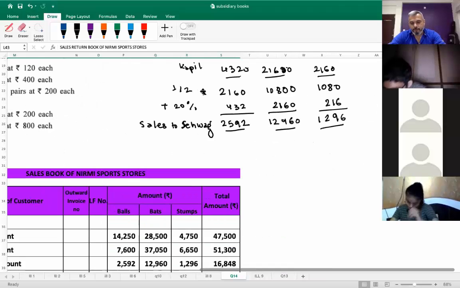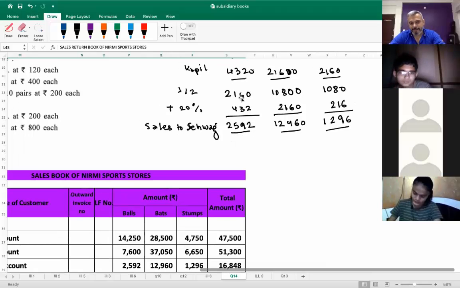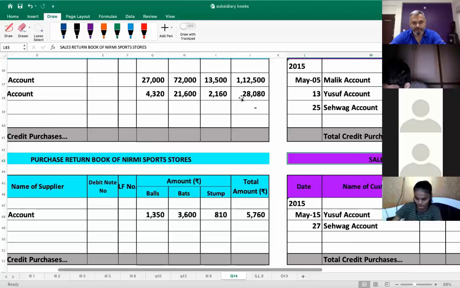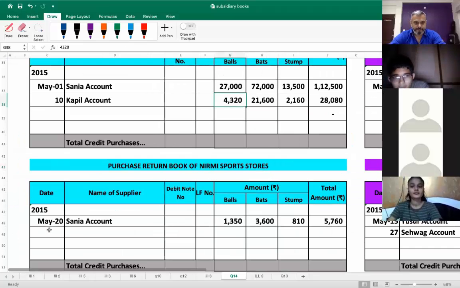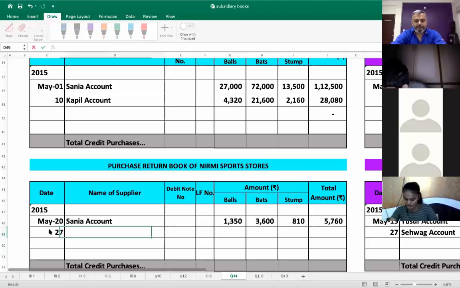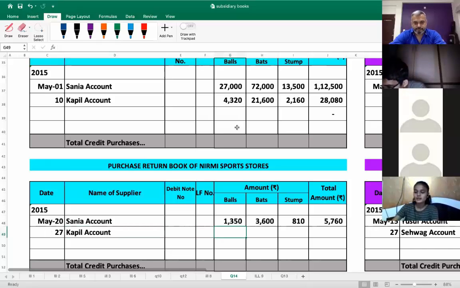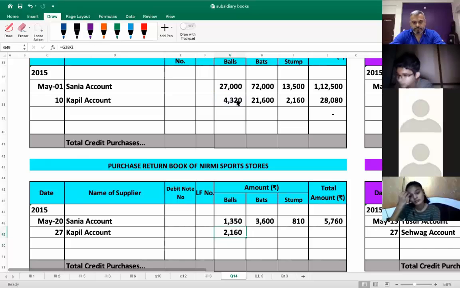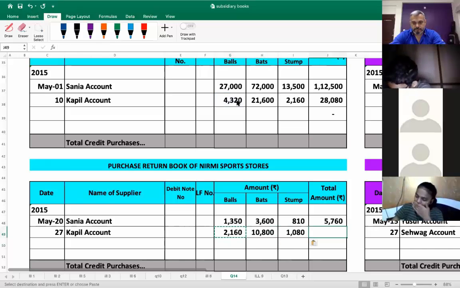So now 2160 को हमने बेचा 2592 में, तो पूरे का पूरा वापस कर दिया हमने कपिल को. सो 2160, 10800 and 1080 will be purchase return. So 27 Kapil account. Done.